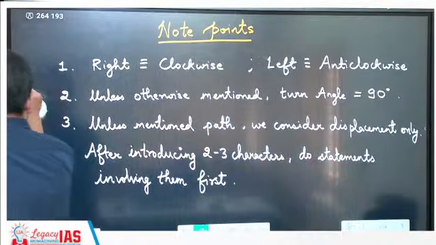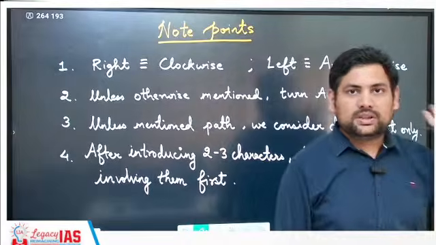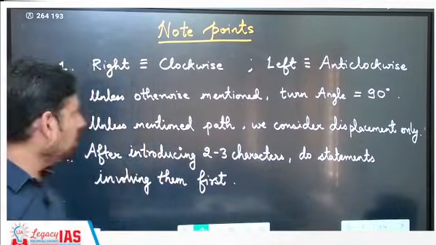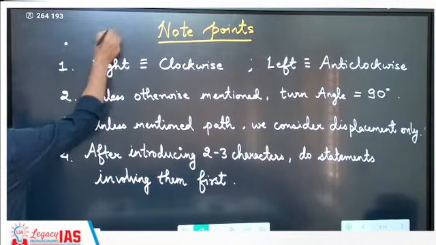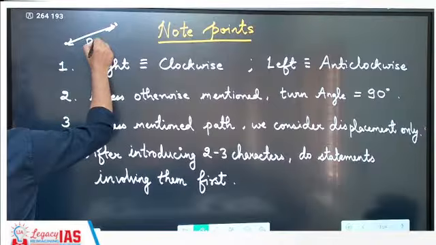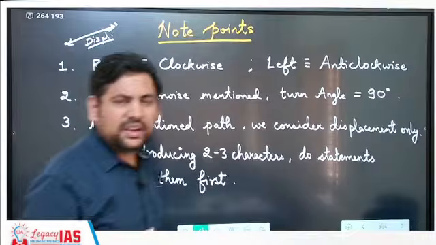Then next thing, unless a path is mentioned, we consider displacement only. Some students get confused whether we have to take the shortest distance, or what we call displacement, between 2 points, or we have to take the path.